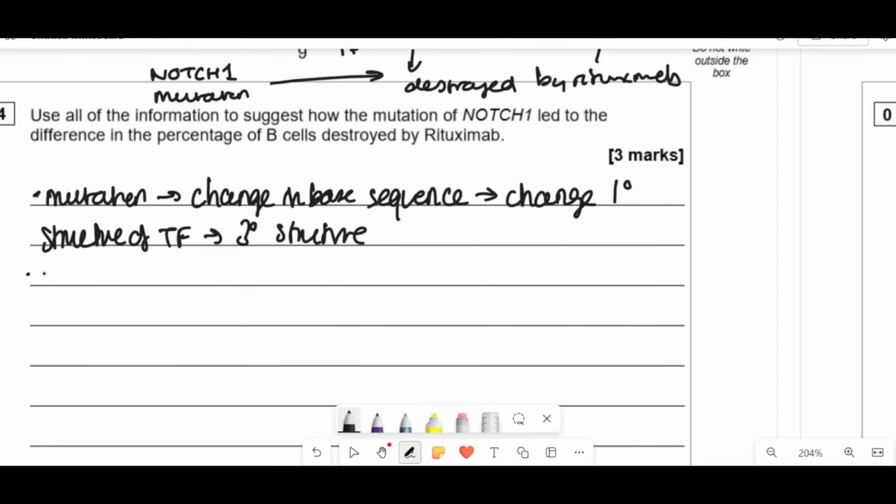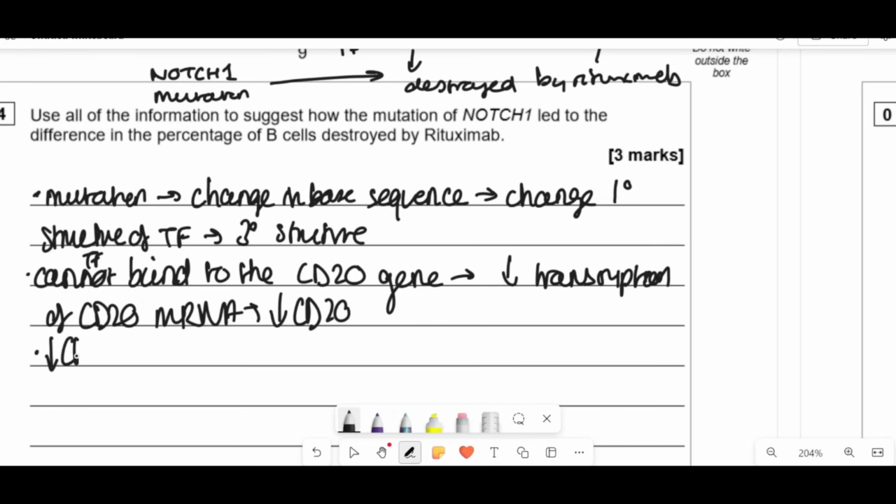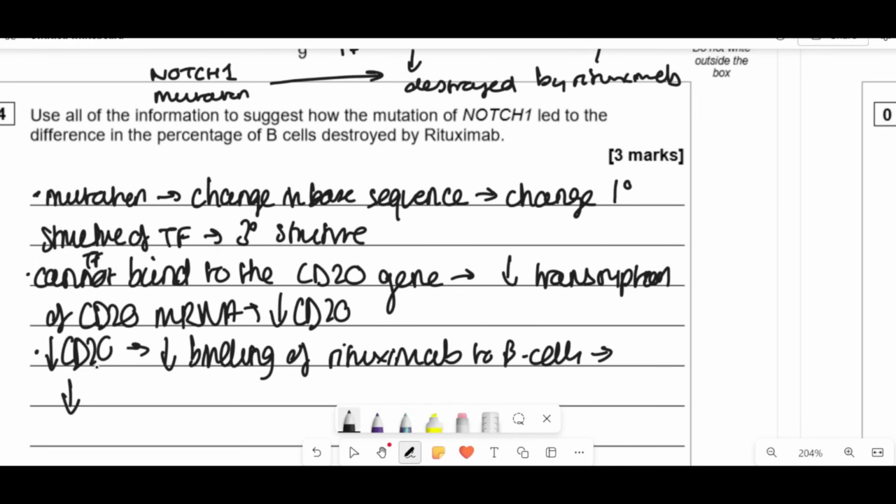So then it means this transcription factor cannot bind to the CD20 gene, so then you get less transcription of CD20 mRNA, so then you have less CD20. Because there's less CD20, there's going to be less binding of rituximab to the B cells, so fewer are destroyed.